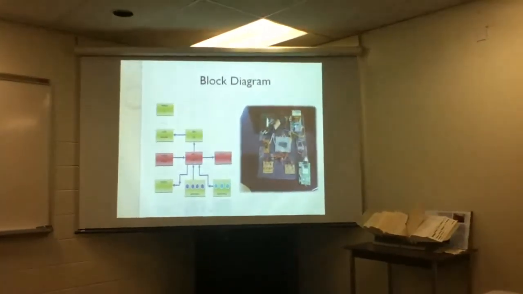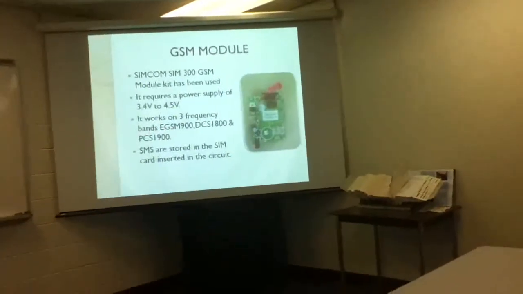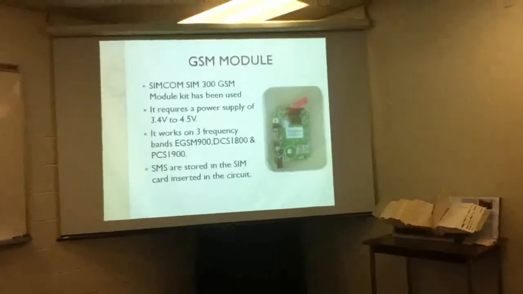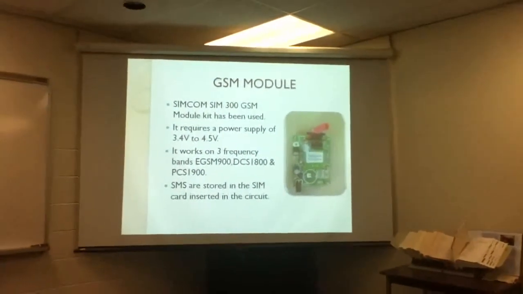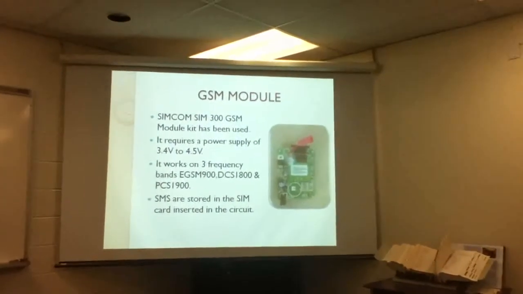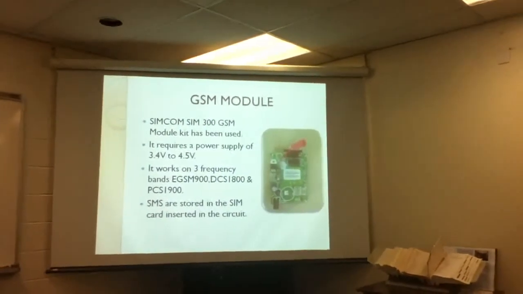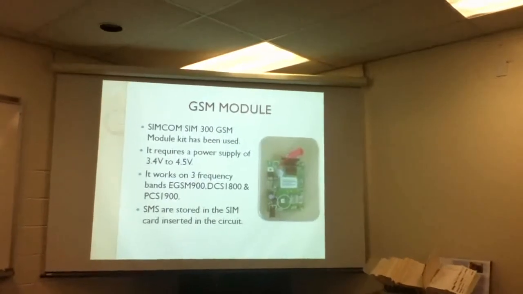And the GSM module that we have used in our project is the SIM300 GSM module, and it works on a single supply voltage of 3.4 volts to 4.5 volts, and it's a tri-band GSM module and works on 3 frequencies: EGSM 900 MHz, DCS 1800 MHz and PCS 1900 MHz.